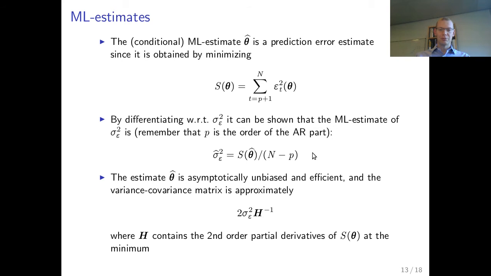So this estimator here is asymptotically unbiased and efficient, and the covariance matrix is approximately 2 times the estimated sigma epsilon square times the inverse Hessian, which is the second order partial derivative of S of theta evaluated at the minimum. This is the usual story that we have done for the previous models as well. So not so much new here, it's just a new context.